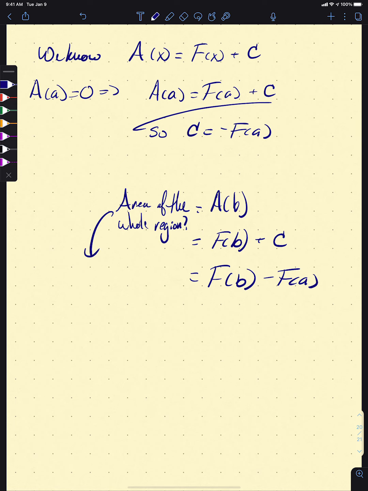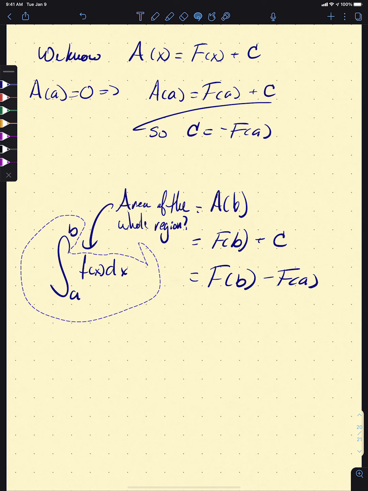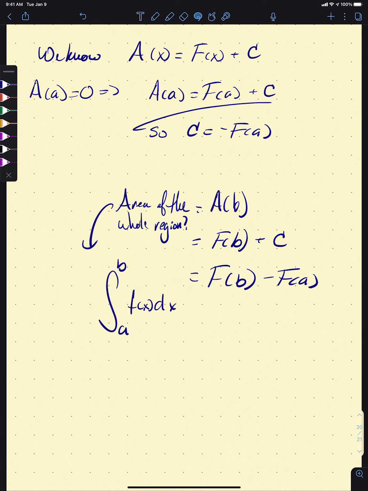But the area of the whole region is by definition my integral. And so we get this nice fundamental theorem of calculus popping out because we decided to look for a way to write something like a derivative.